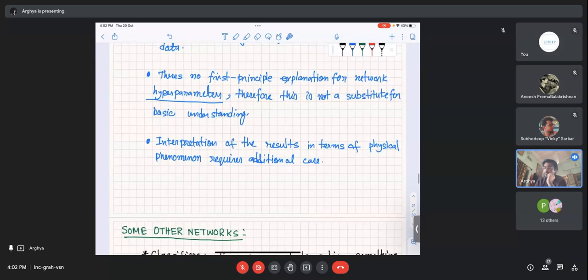And of course, the third point I've written is the same as we discussed. There is no first principle explanation for network hyperparameters. Therefore, the network is not a substitute for basic understanding. Although I think it might be possible to use networks in ways where you can interpret each weight and bias, in which case the network probably has some meaning. But while doing cats and dogs training and so on, they are not a substitute for any kind of basic understanding.